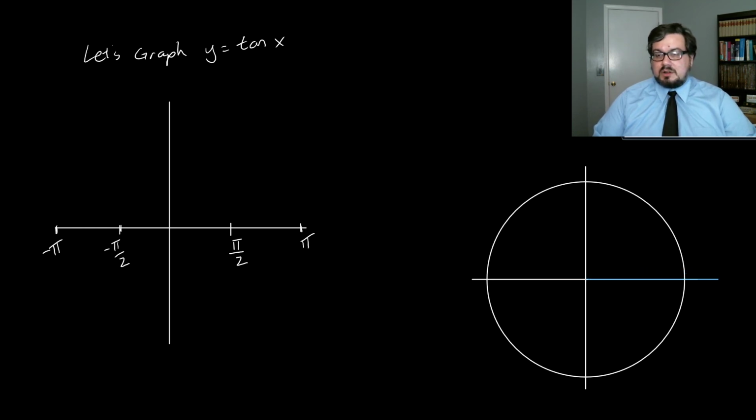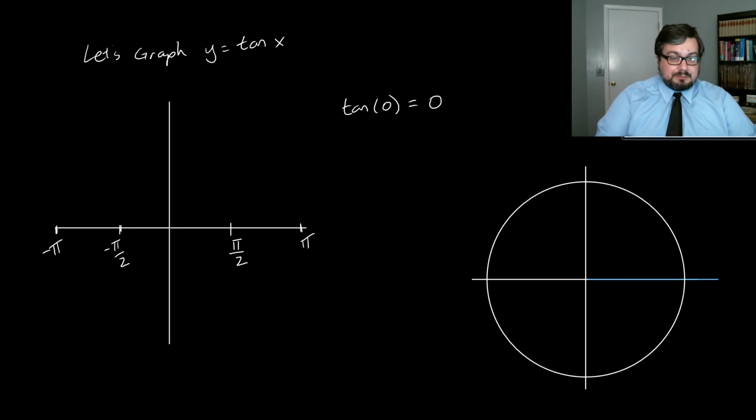So let's start off with an angle of 0. We have that tangent of 0 radians is 0. Notice that the blue line is horizontal, which has a slope of 0. So we have the point 0, 0 on the graph of tangent.